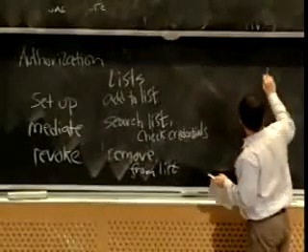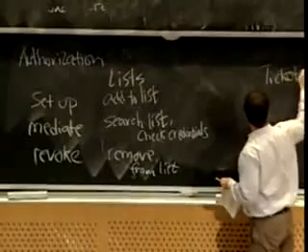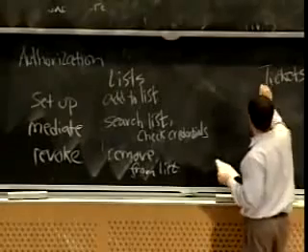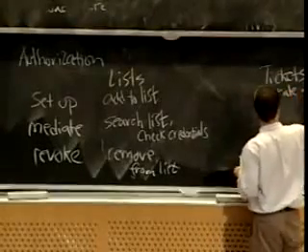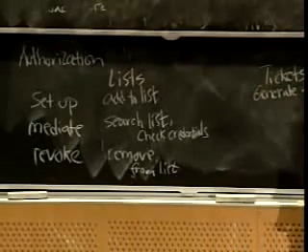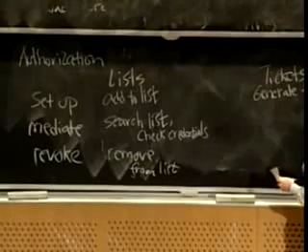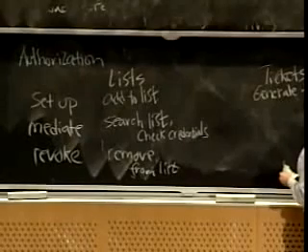Tickets. The idea in a ticket-based system is that, well, you're going to generate a ticket. The simplest way to generate a ticket in a computer system is to make a hard-to-guess number.